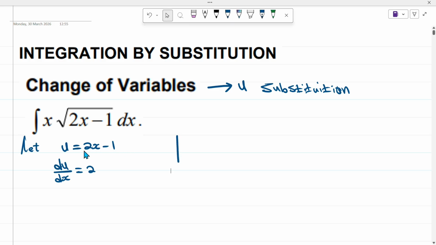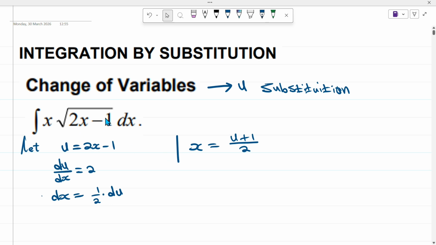So x will be equivalent to (U plus 1) divided by 2. We also need to make dx the subject of the formula from this one. So dx is going to be du over 2. Therefore, dx here is going to be 1 over 2 multiplied by du.